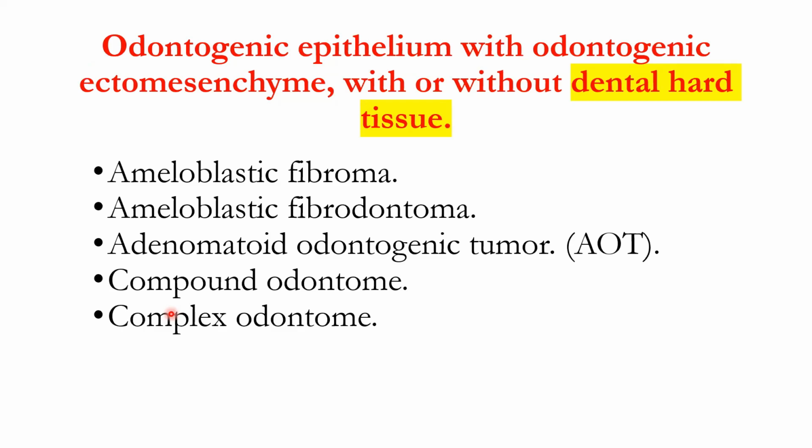The next classification, where you see both odontogenic epithelium and odontogenic ectomesenchyme, with or without the dental hard tissue, we have ameloblastic fibroma, ameloblastic fibro-odontoma, adenomatoid odontogenic tumor, and odontomes, compound and complex.